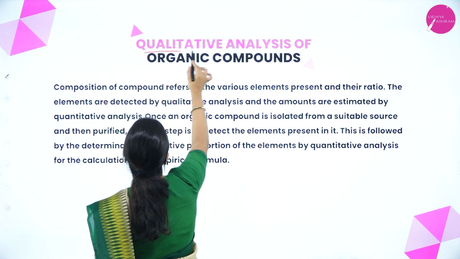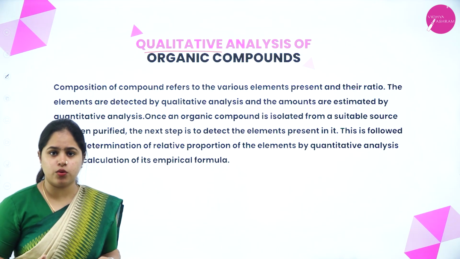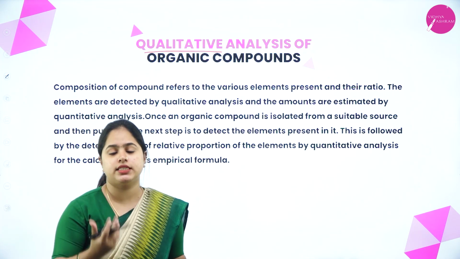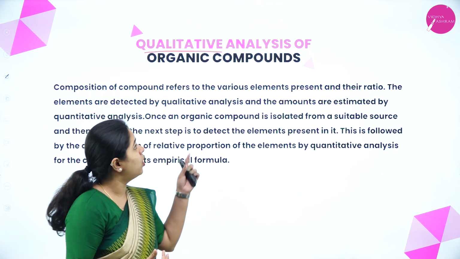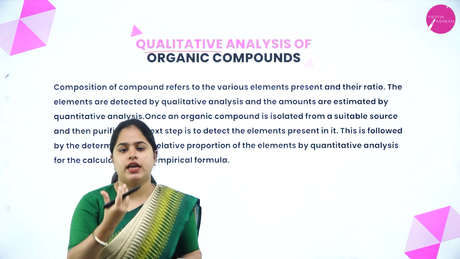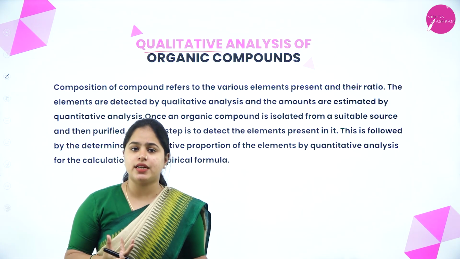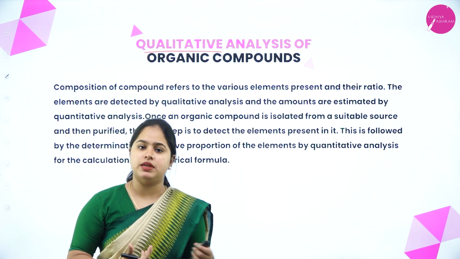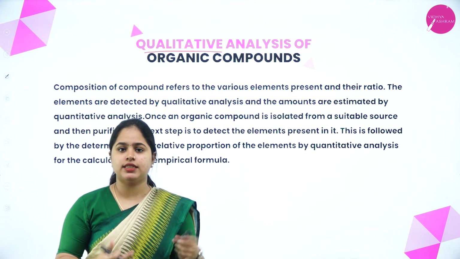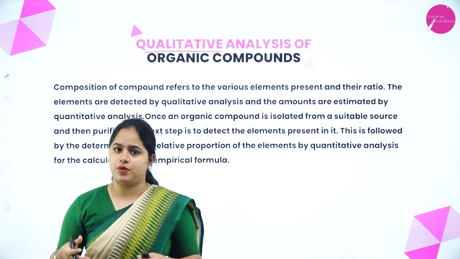From the word itself, we can determine what we are going to study here. Qualitative analysis of organic compounds means that in an organic compound, we are going to determine which all elements are present. Organic compounds, we know, contain carbon as well as hydrogen.